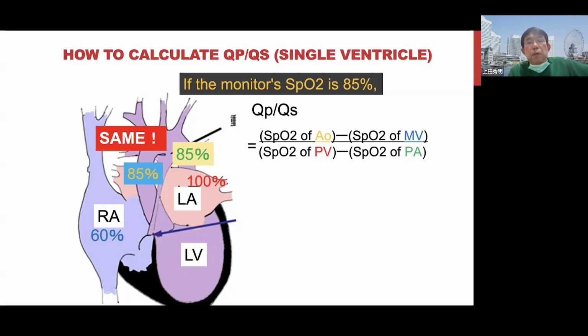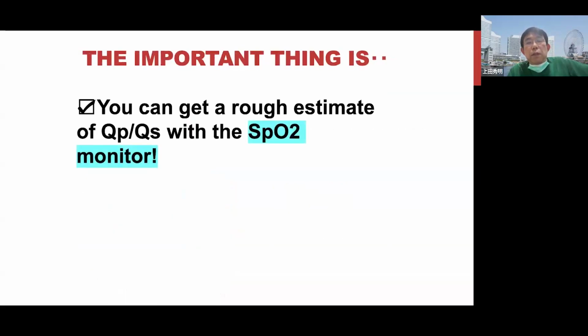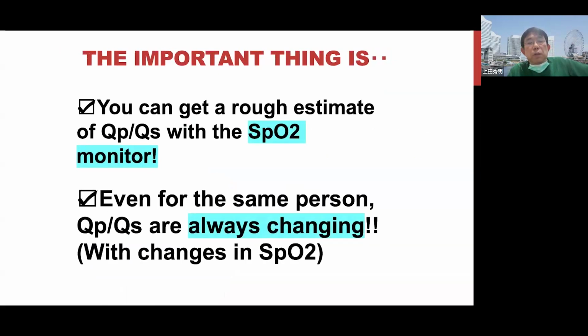So using the formula, the Qp/Qs should be 25 divided by 15. It means the Qp/Qs is around maybe 1.6. But you can roughly estimate the Qp/Qs with just the SpO2 monitor.